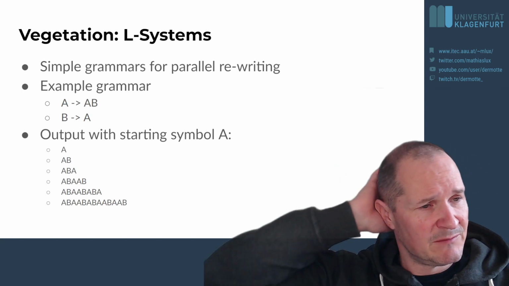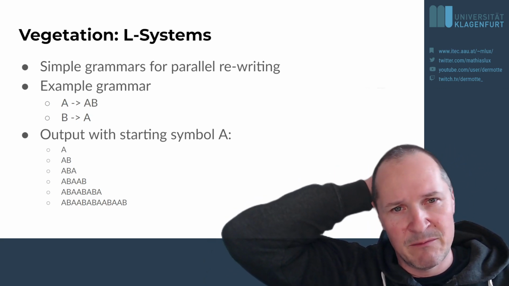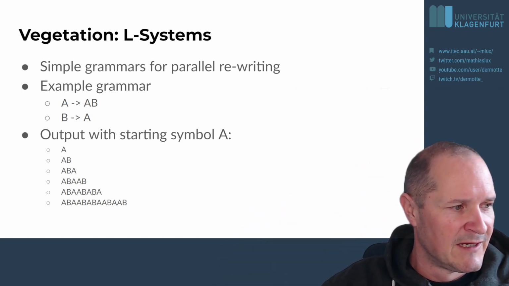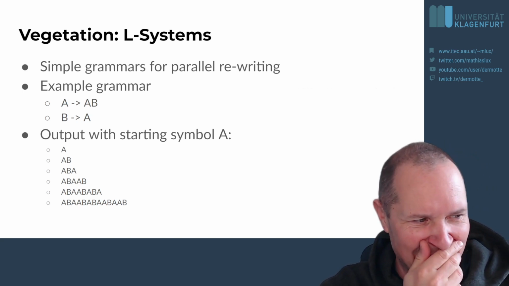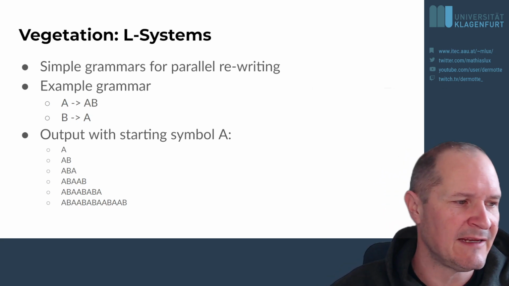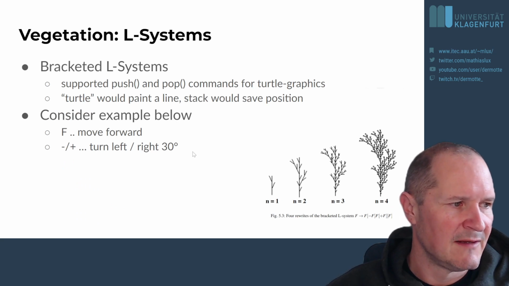Okay, so L systems, you've learned to like them already with the zombie menu grammar, but what you can do is you can expand stuff like A expands to AB and B expands to A, and then starting with the symbol A, you can expand A to AB, you can expand A to AB again, and B to A, or something like that, and then it basically grows.